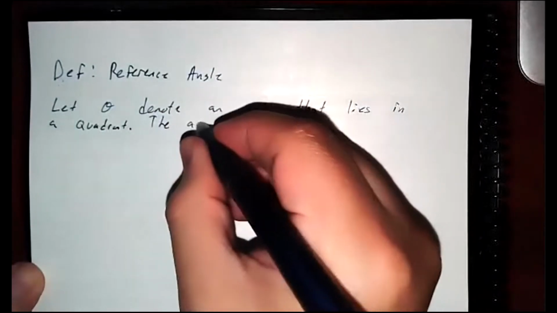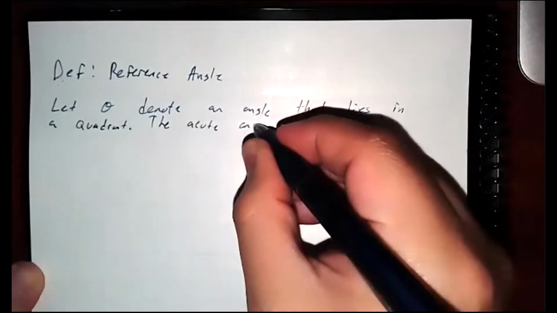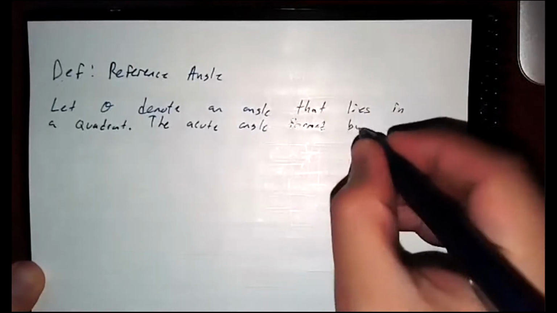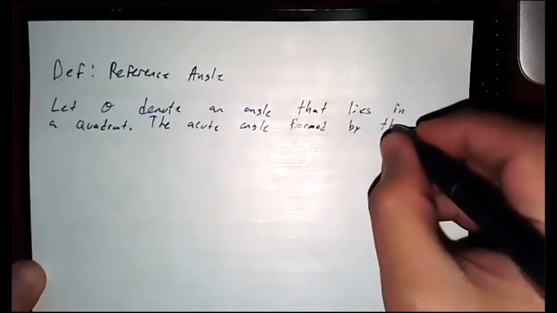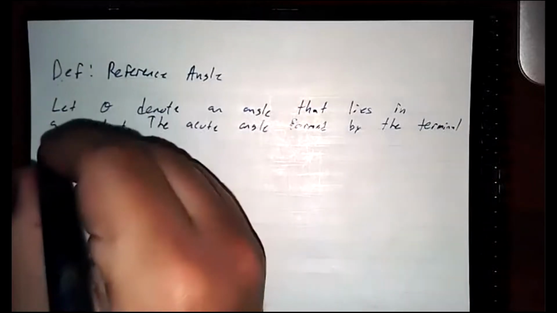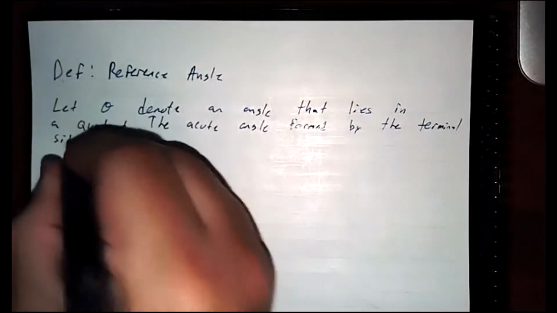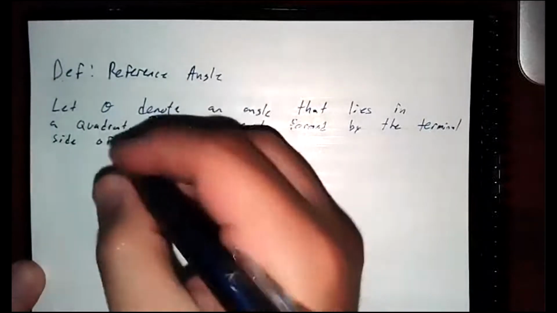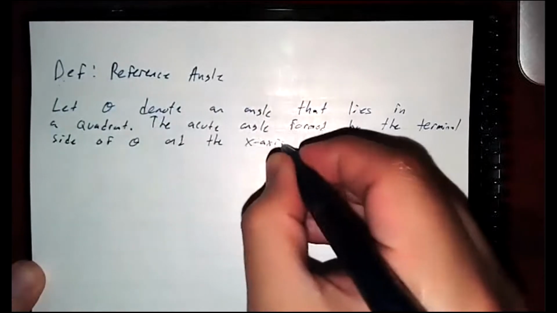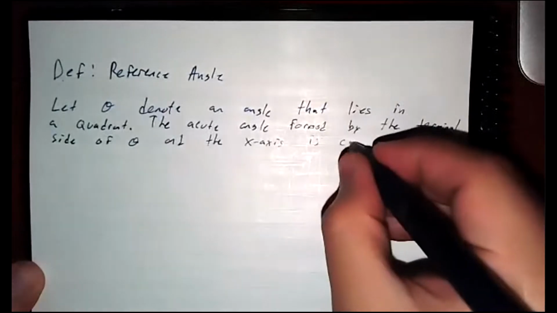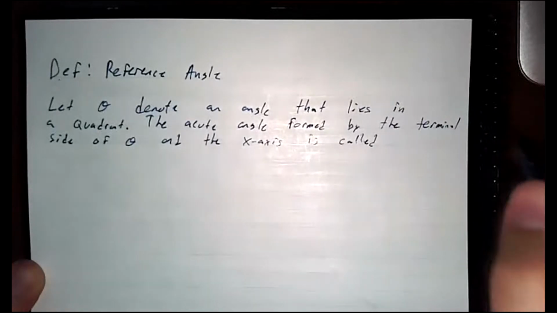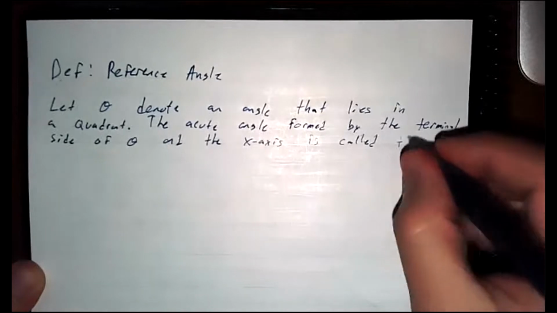The acute angle formed by the terminal side of theta and the x-axis is called the reference angle.